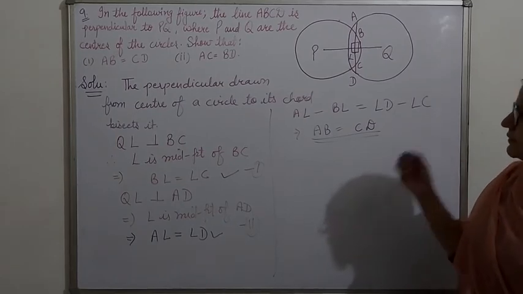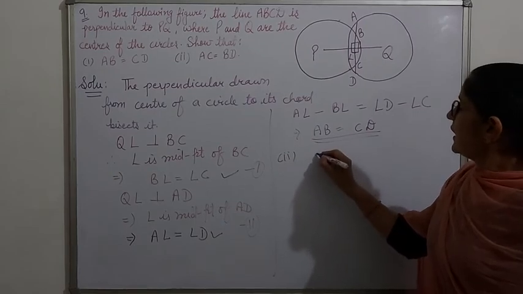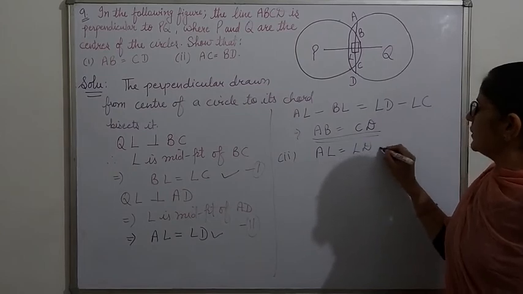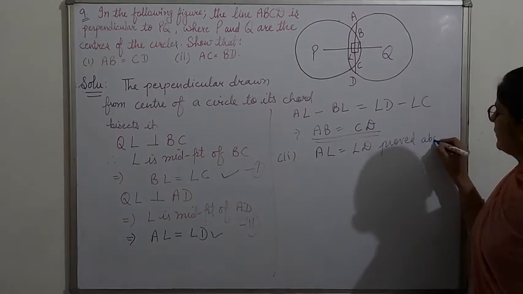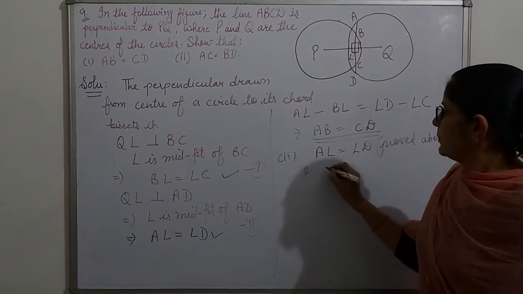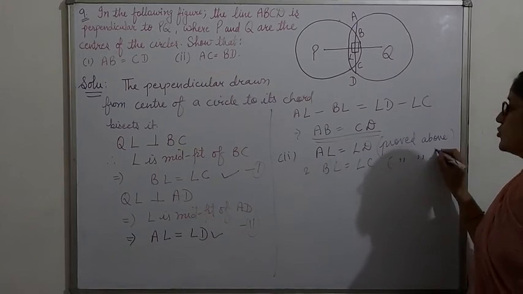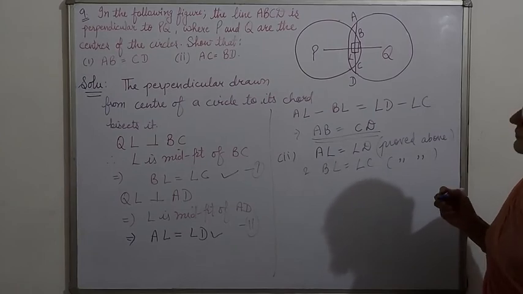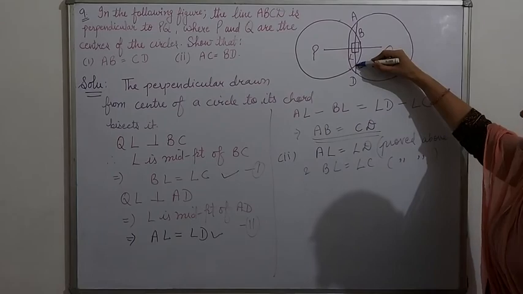Now for the second part, AL is equal to LD, proved above. And BL is equal to LC. This is also proved. So what will we do now? If we add AL and LC, what will come?